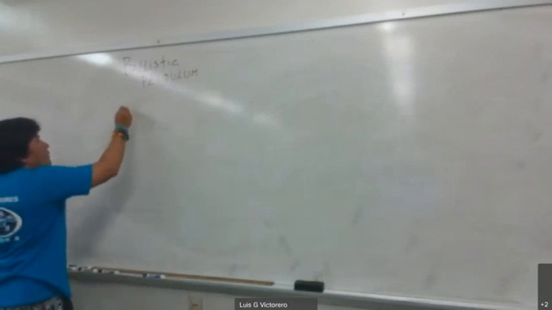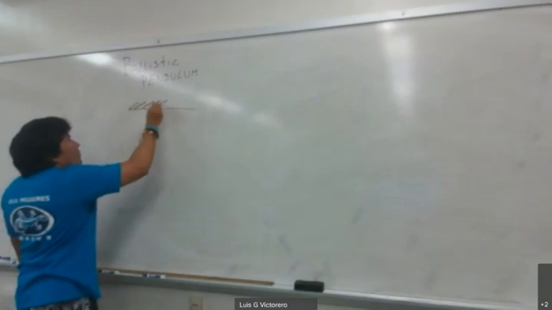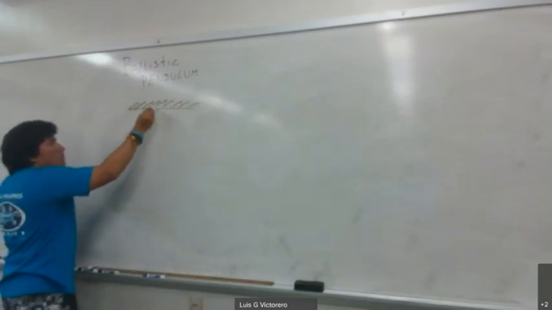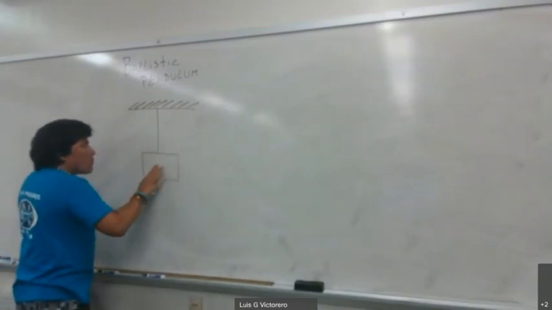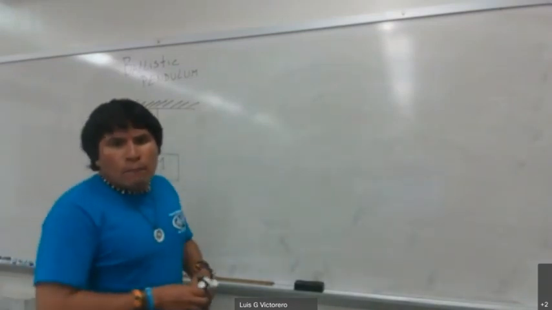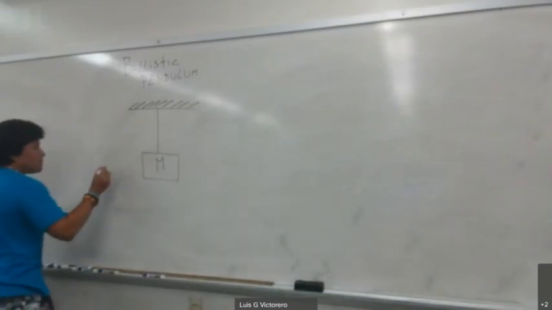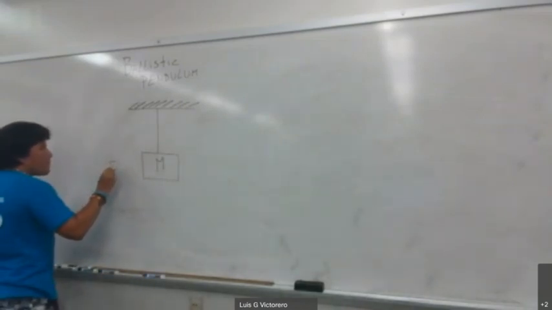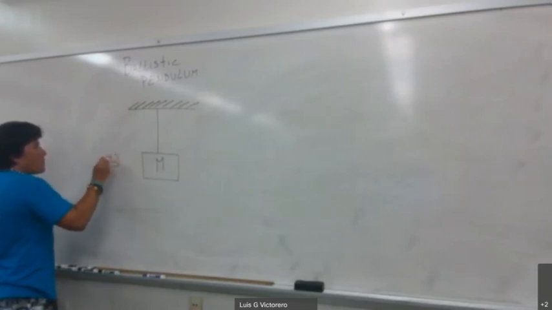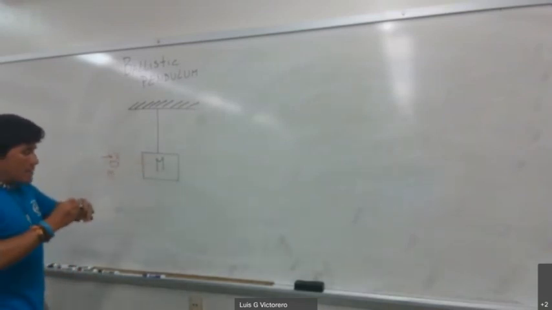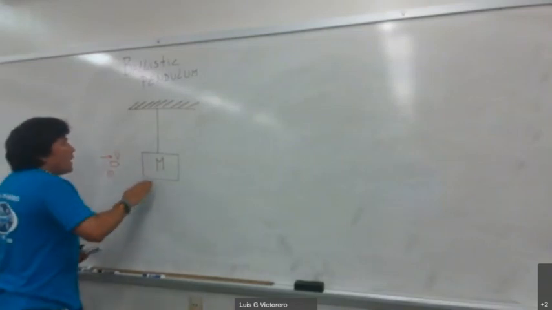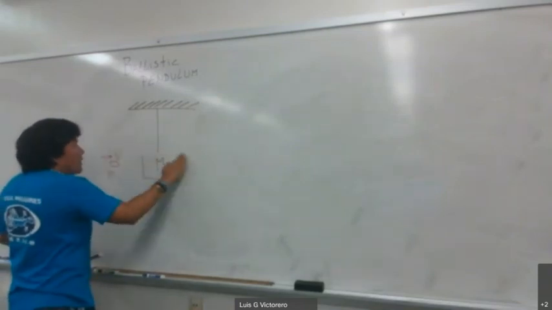You are given a mass M, and then a bullet with mass little m, again with some velocity, is going to strike the mass, stick on it, and it's going to rise.